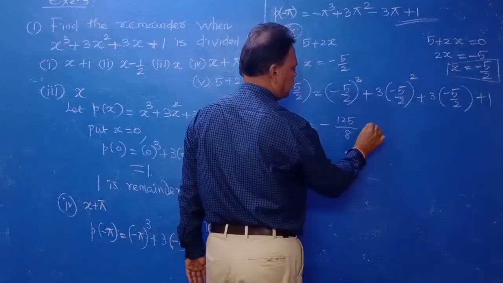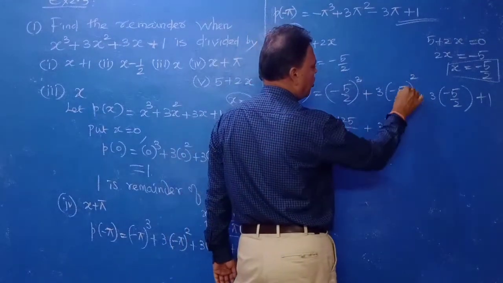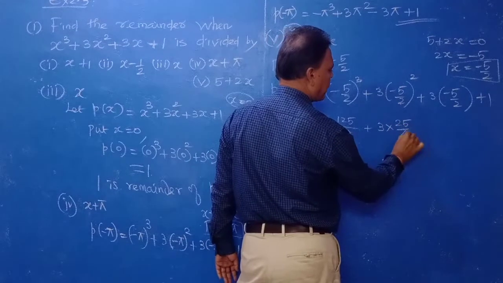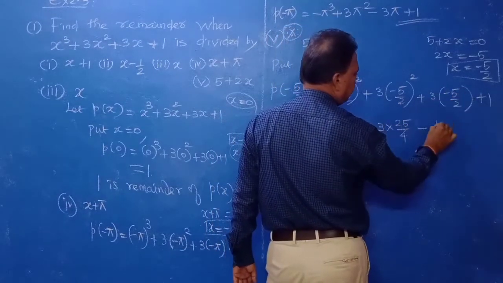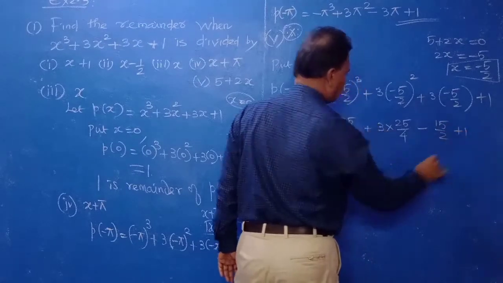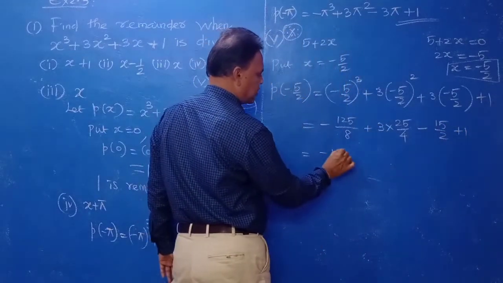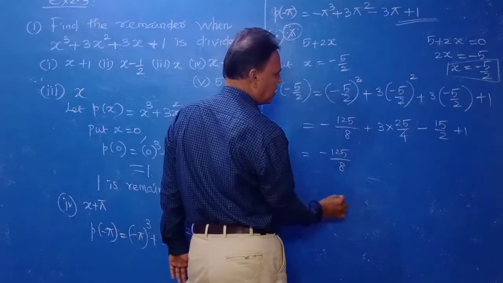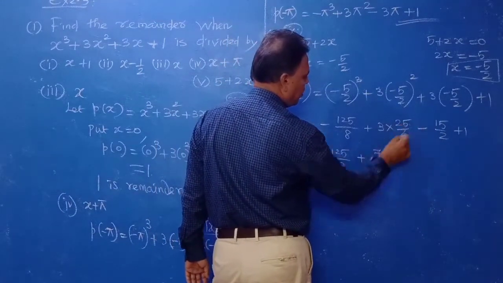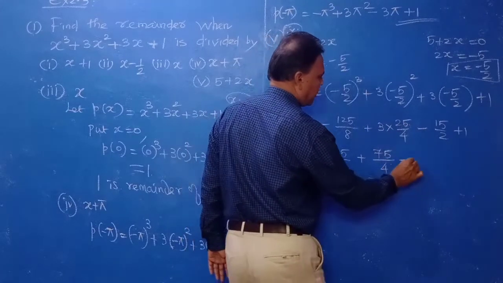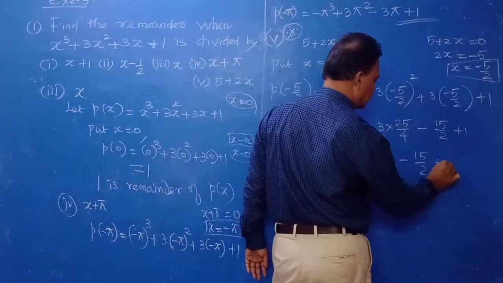Here plus it will be. So 3 into 25 by 4. Here plus into minus is minus, 3 into 5, 15 by 2, plus 1. So minus 125 by 8 plus 75, 3 into 25 is 75 by 4, minus 15 by 2 plus 1.